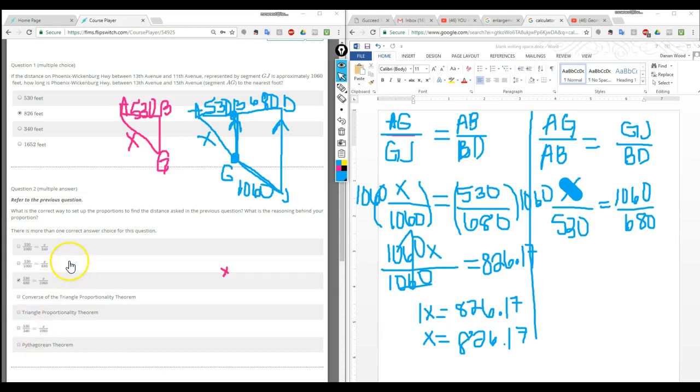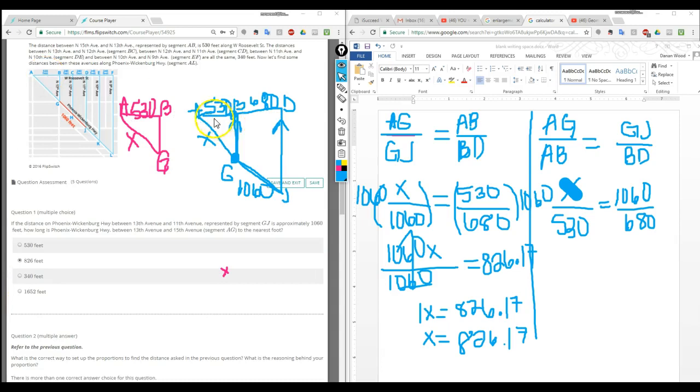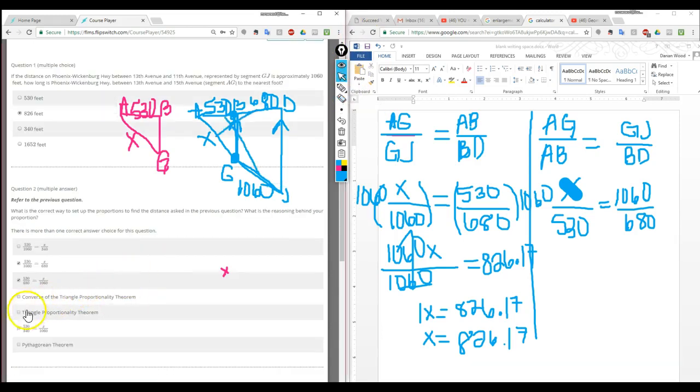No. So let's check out these. 530 is comparing AB to DJ, which we cannot do. What was our reasoning? The triangle proportionality theorem. That's where if you have a parallel side here, then it cuts the triangle into proportions.